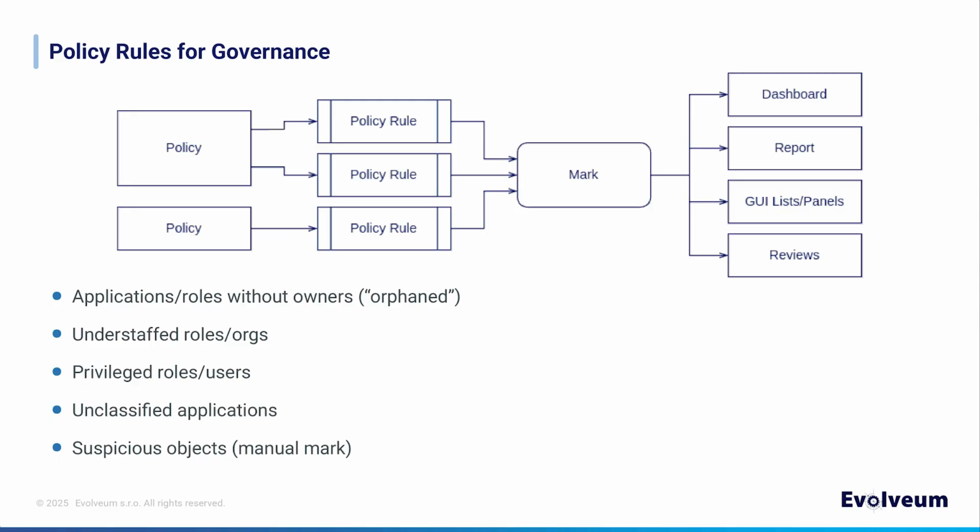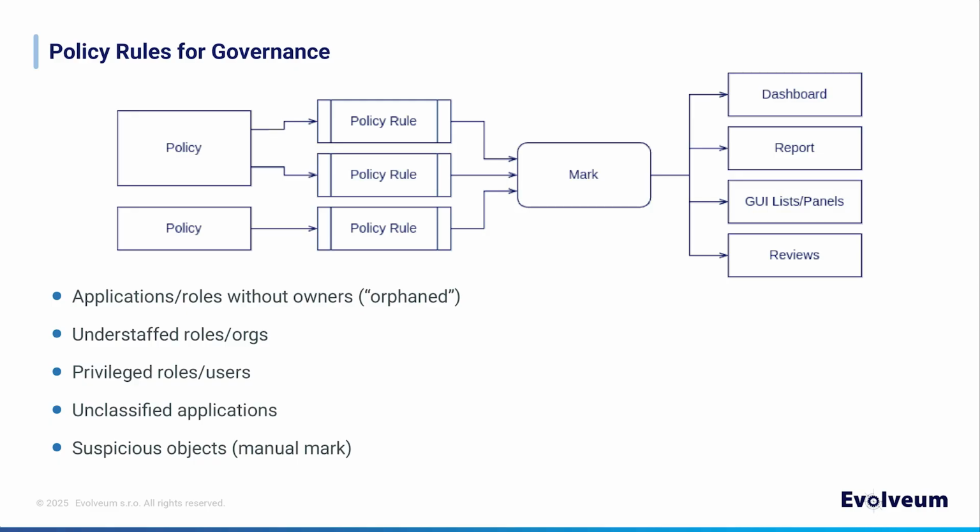These policy rules are setting marks on objects. Mark is also one of the newer features of MidPoint that is used to mark an object that is particularly interesting. In this case, we will mark objects that are violating a certain policy. For example, a policy for orphaned applications, for applications without an owner, will use a policy rule that will mark the applications that do not have an owner.